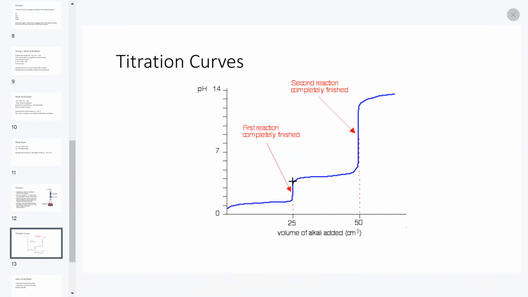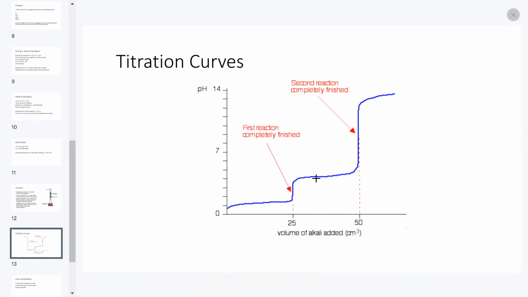And this rapid change in pH is what causes the very quick change in color. This is why titration is so accurate, because the change is so fast. So you can really precisely pinpoint in this area. And then here we have a diprotic acid. This acid will react with 2 equivalents of base, so this is why we have 2 equivalence points.